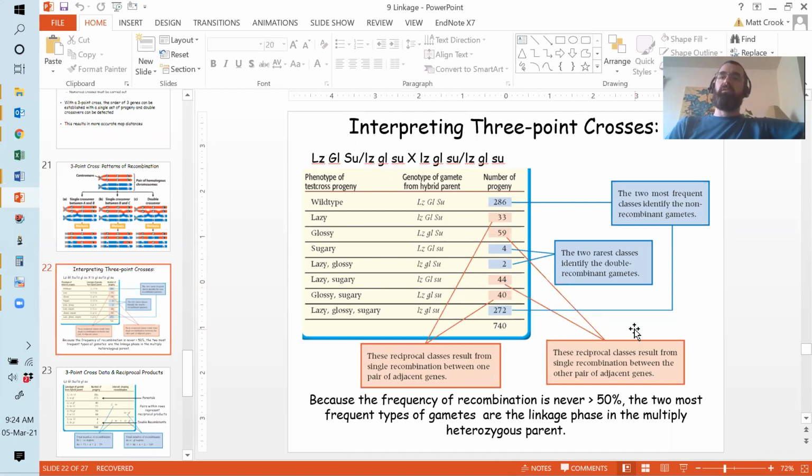So I'm going to ask you, which are the parental chromosomes in these offspring, the non-recombinants? How do you find that out? I told you earlier up in slide 21, one above this. It's going to be the group with the highest number of progeny if linkage is occurring.